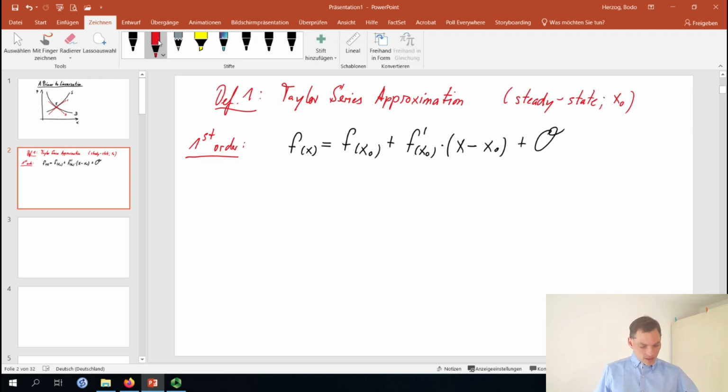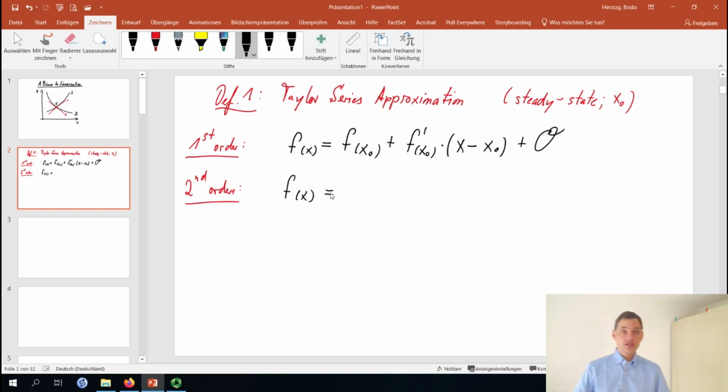Of course, we can also do a second order, and then we take into account second order effects, some nonlinearity. This follows the same principle. We want to approximate my function f of x, which is nonlinear. We start from a point x0, which is my equilibrium point, or some special point which I want to study. Then we take the first derivative at this point times the gap between my variable and my equilibrium point.